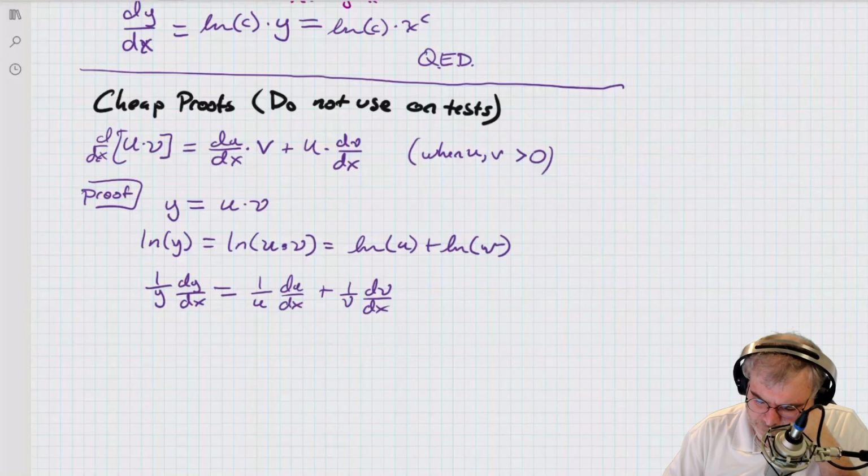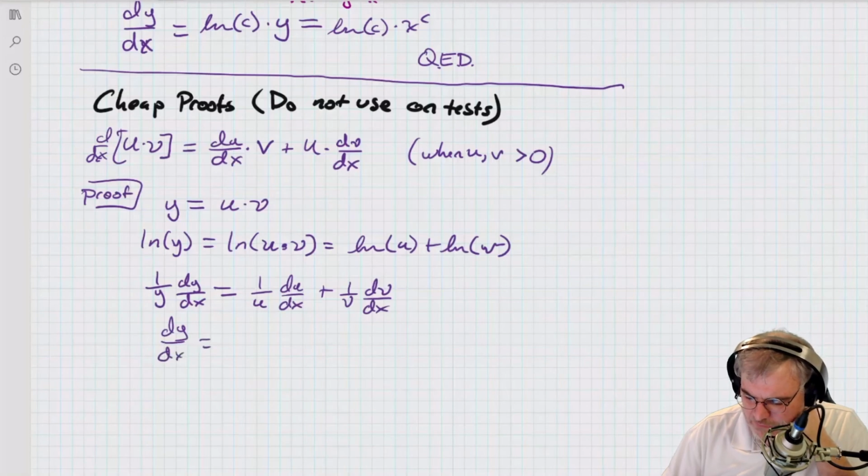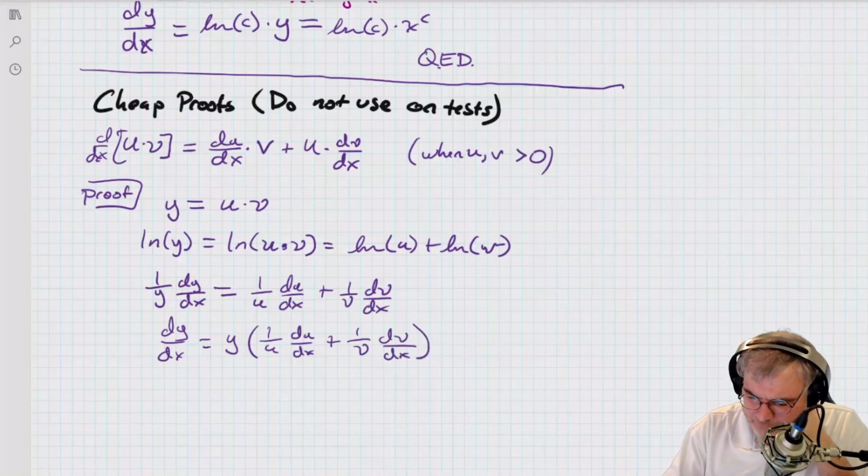Okay. So I'm just going to multiply through, and I get dy over dx equals y times 1 over u du over dx plus 1 over v dv over dx. But recall, y equals u times v.